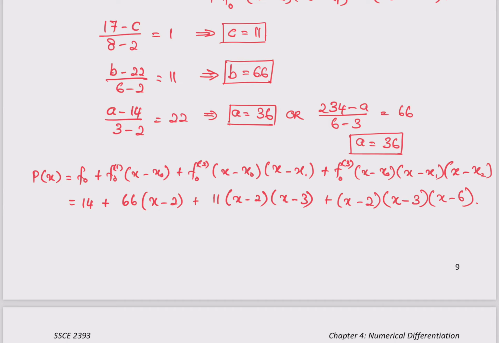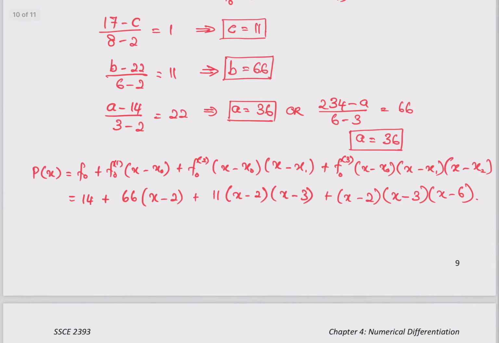And next, I think this is a question for 2, and for 3 you need to estimate the value of the function when x is equal to 2.5. Also approximate P for this polynomial when x equals 2.5.